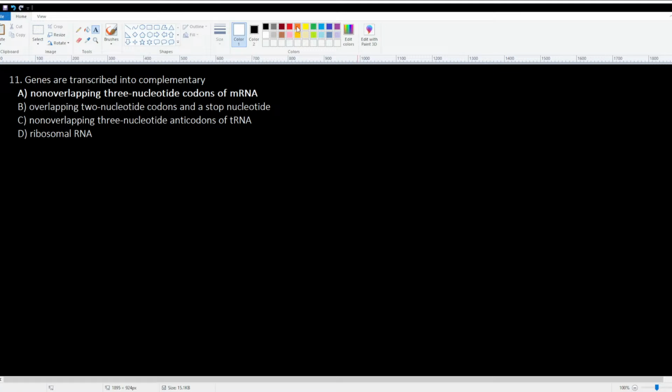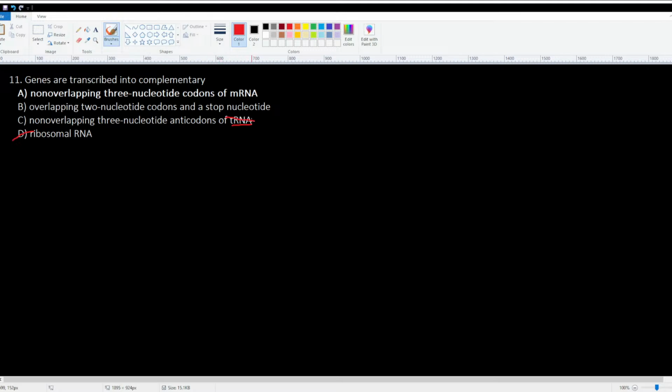Right off the bat, we can eliminate D, because we only care about ribosomal RNA within actual ribosomes. Genes are not transcribed into non-overlapping three nucleotide anticodons, because we're not transcribing into tRNAs; we're using tRNAs to translate.